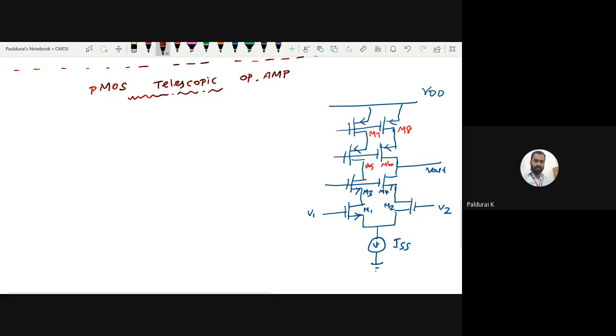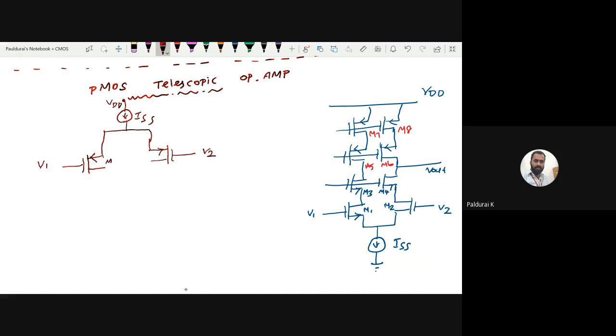So what should we do? For the PMOS input pair, we want to start from above. This time not from below, right? NMOS means below. So this is my input PMOS pair, right? This is my PMOS, right? So here you want to connect this tail current source ISS. It must be connected to VDD. Here is my V1, here is my V2.